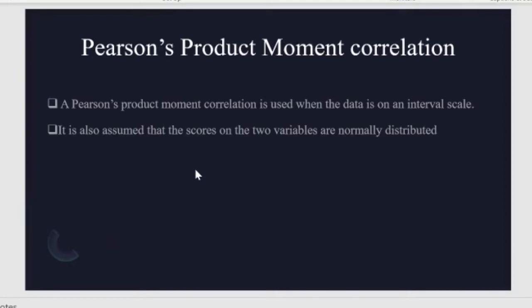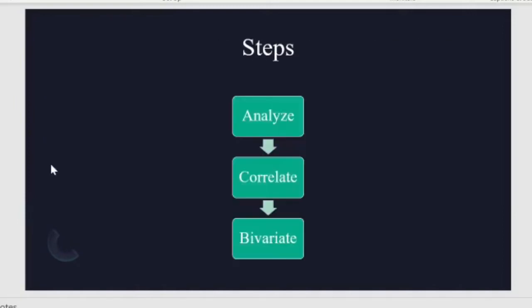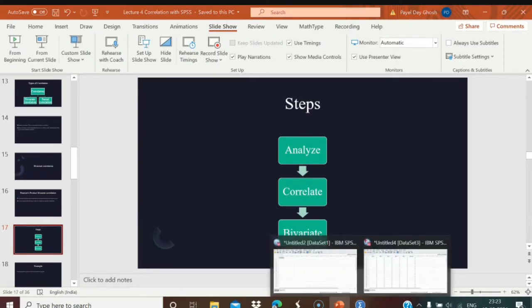In Pearson product moment, one important assumption is that both variables are normally distributed, and we can use it when the scores are on an interval scale. Clear? So these are the steps. Let me show you.